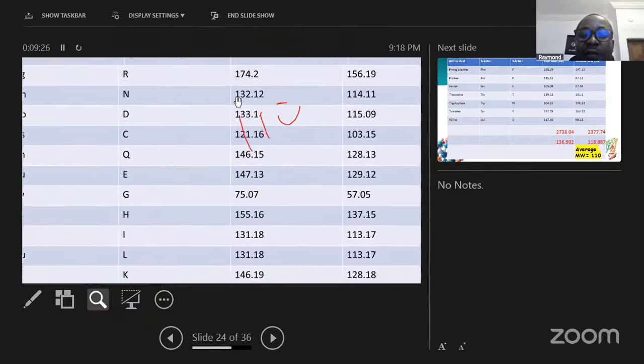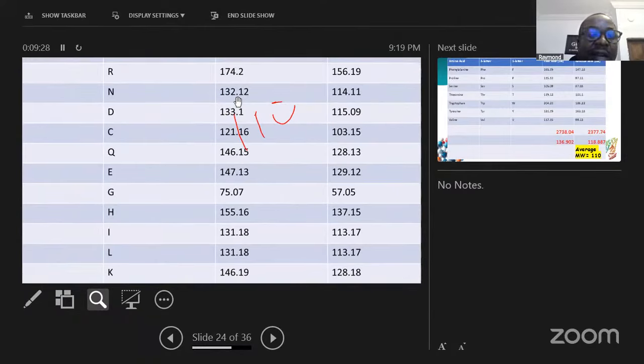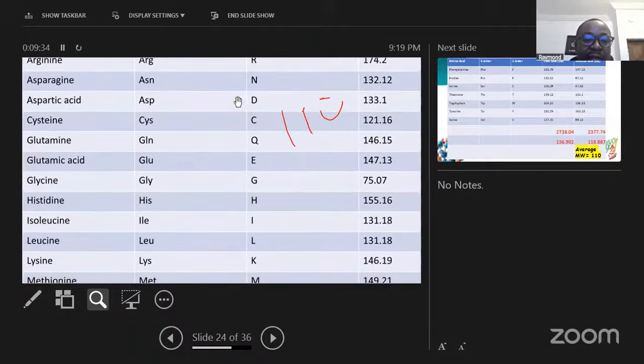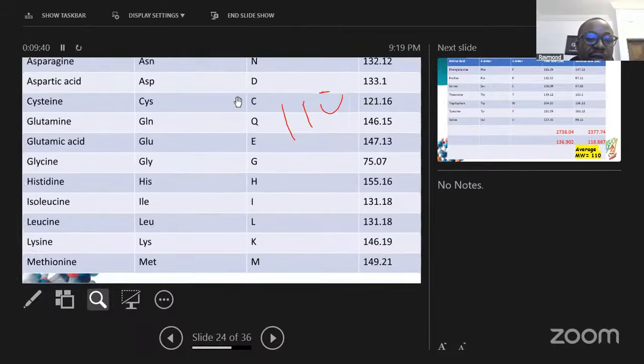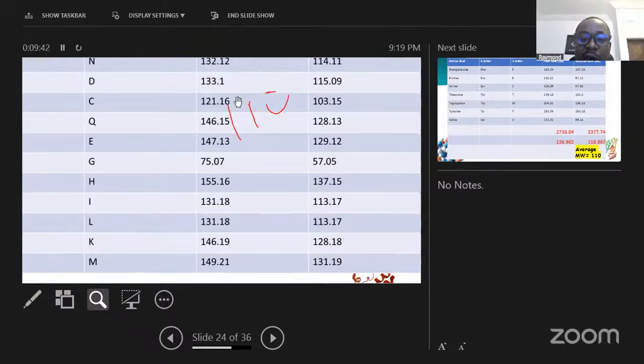Aspartic acid is 115. Cysteine is 103. Glycine is 57. Isoleucine and leucine are 113 and 113. So you see that these are the major amino acids that will be found in the protein.